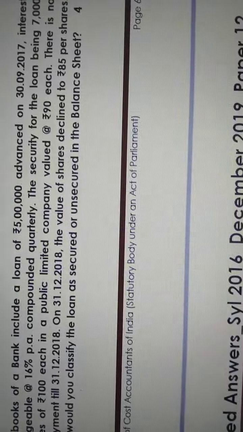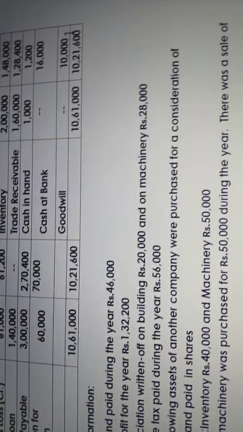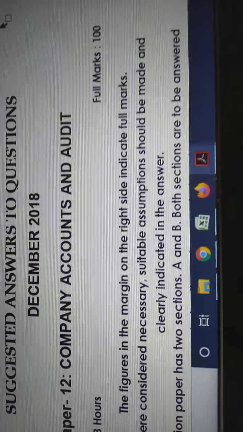Next problem is from December 2018 attempt, December 2018 new syllabus.